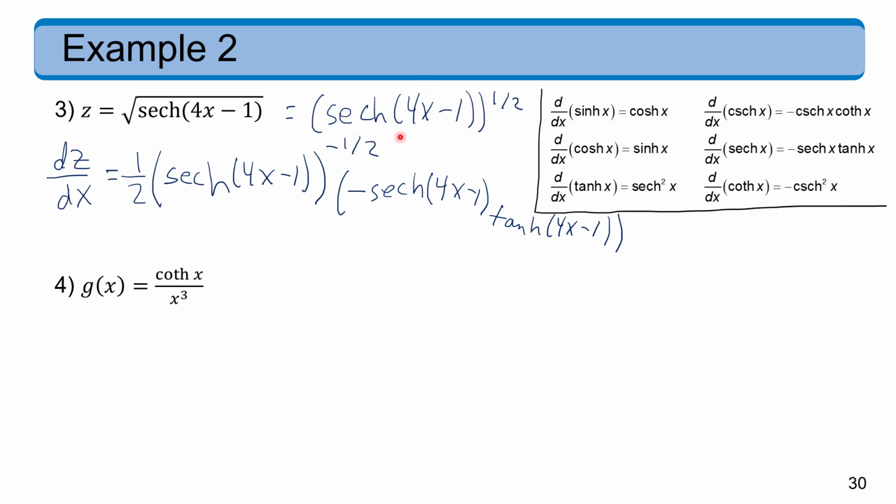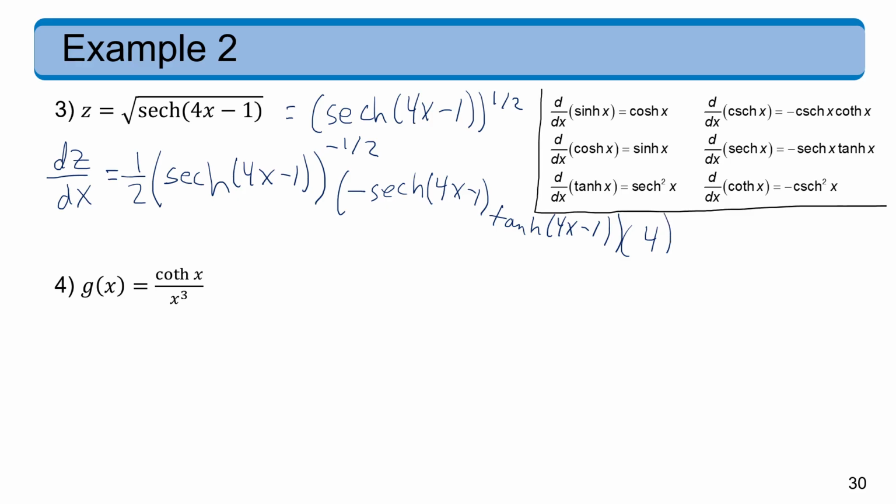So that's all that's left, the derivative of the inside part. And we've started that. This is another chain rule problem. The part that we've done is the derivative of the outside function. So what's left is to multiply by the derivative of the new inside part, which is 4x minus 1, and the derivative of that is 4. So all that's left is to multiply by that factor 4.